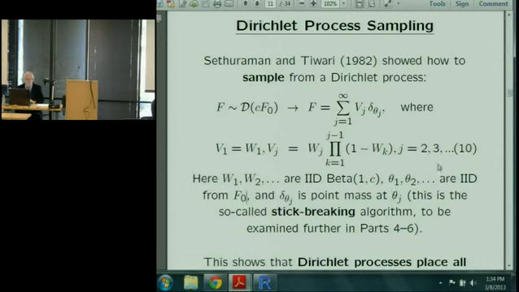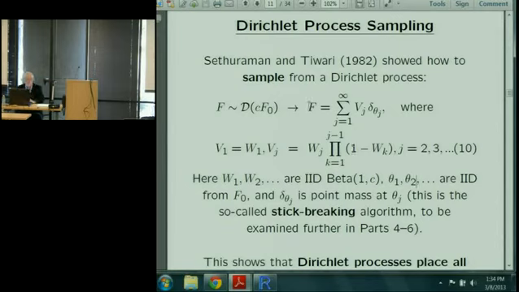So to sample from the prior, we simply draw IID points from the base sampling distribution, and then we include them in this mixture with weights given by these quantities that come from breaking the stick in that fashion. This W_j times the previous (1 minus W_k)'s is a way of saying you're always renormalizing to what's left over after you've broken off different chunks of the stick.